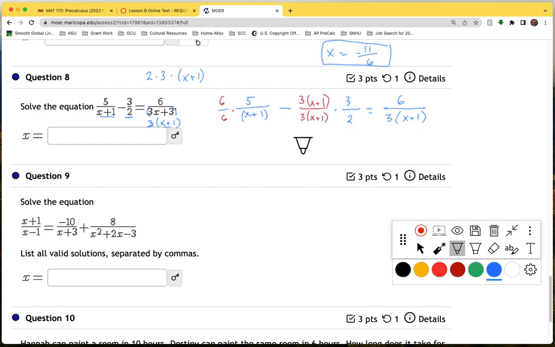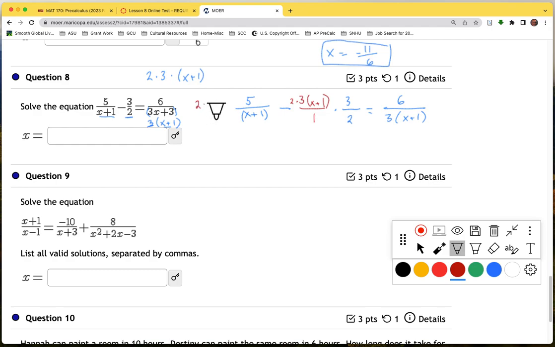So this is an approach I've seen used, but a better approach is to multiply each of these by 1 over the common denominator. So let me do it this way.